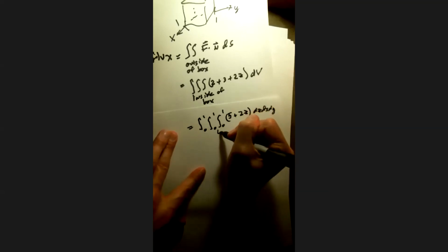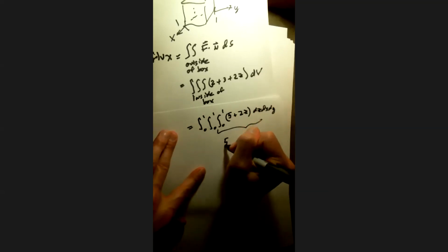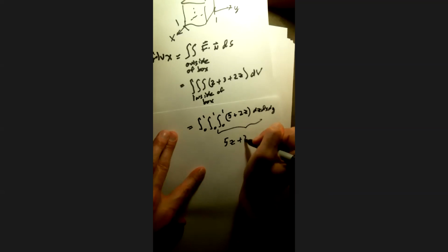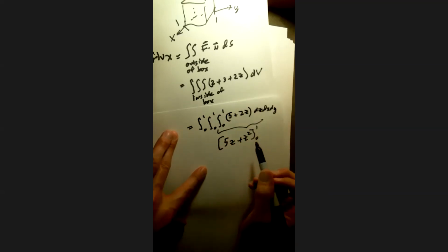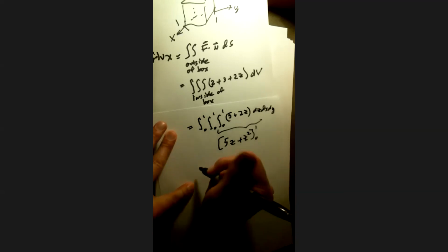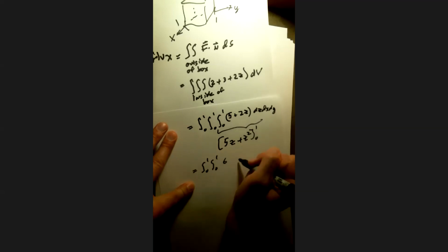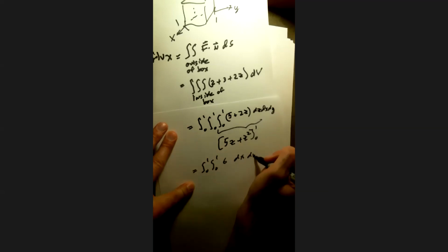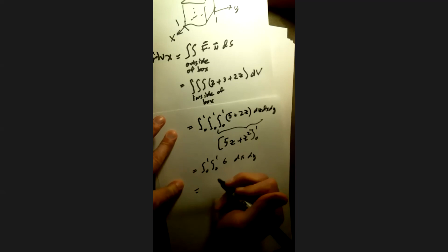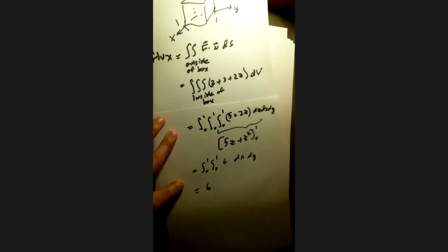So this will be 5z plus z squared from 0 to 1, which is a funny way of writing 6. Which altogether will give us just 6.